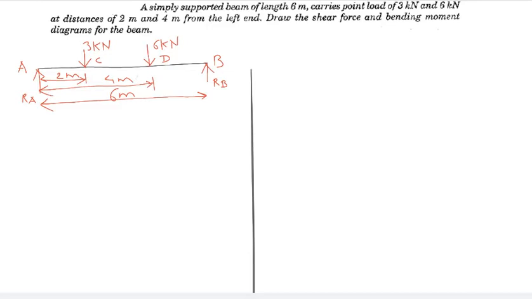From this loading diagram we are going to first calculate the reactions, because that is the first step while solving a numerical on shear force and bending moment diagram. So let us do the calculations to find out the reactions. To find the reactions, one simple trick is for static equilibrium we consider summation of Fx and Fy.